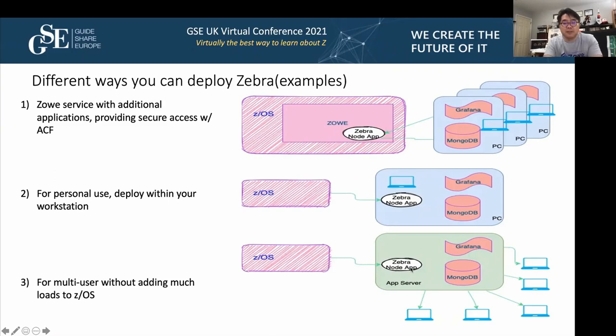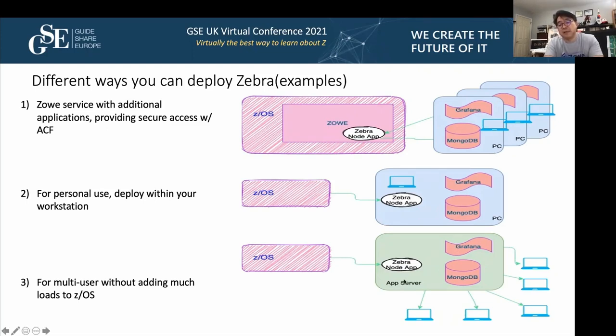Or this is something we actually use in our demo system. We have a z/OS DDS service running and a Zebra app running on the application server. Today it's running on x86 in the cloud. And you can connect to the Zebra app, and it only pulls the data once every 100 seconds, right? Or whenever someone requests an RMF 1 report.